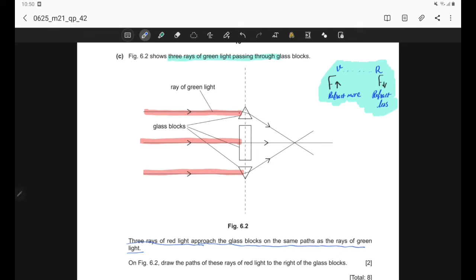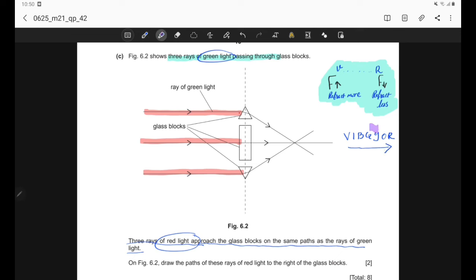So let's look at this question. Here we have green light and red light. Let's check which color, whether green or red, is having the highest frequency. So when we write the colors violet, indigo, blue, green, yellow, orange, red in the order of VIBGYOR, the frequency is reducing from left to right.